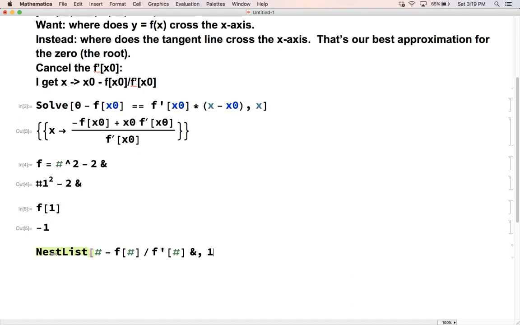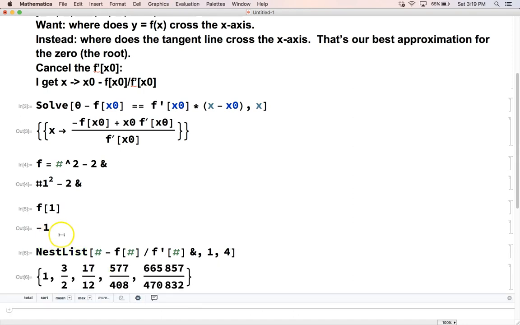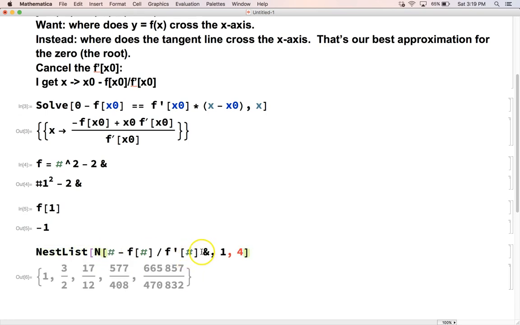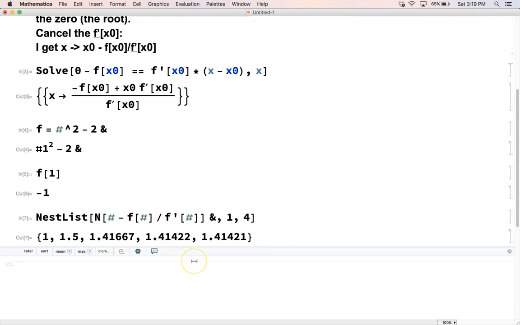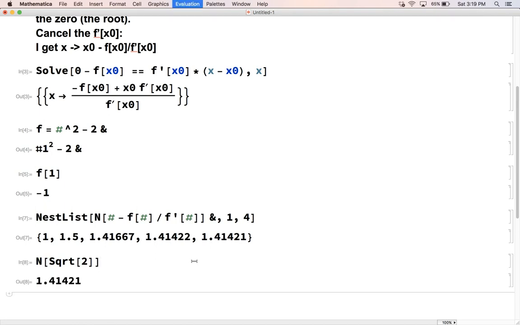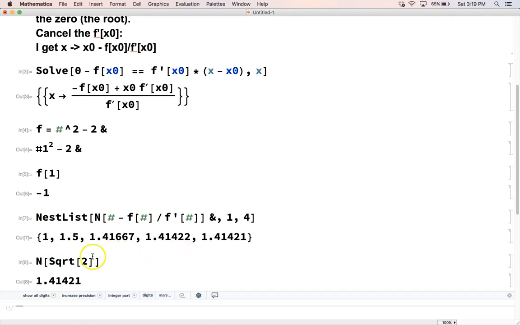Let's start at 1 for my approximate root, and let's do it 4 times. Let's look at numerical approximations by putting it inside of capital N, and let's look at square root of 2. We can see that this is getting closer and closer to a 0 of the function x squared minus 2.